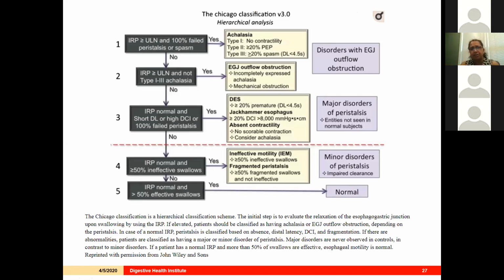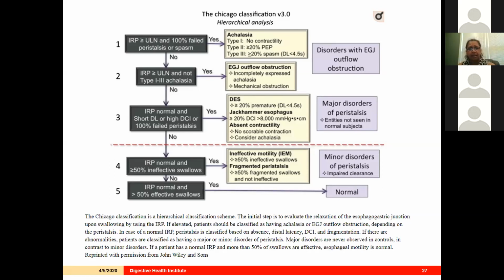Chicago classification 3.0. You've seen this in one of the earlier talks, and this would be one to post on your clipboard or something to keep in mind, because this is a really nice outline of where Chicago classification has evolved to.